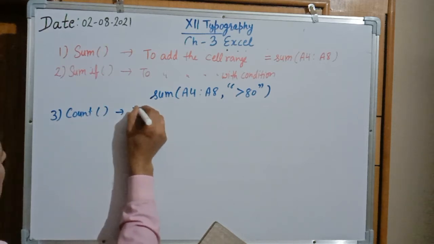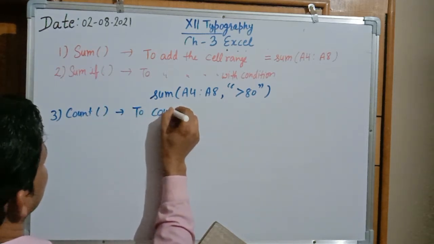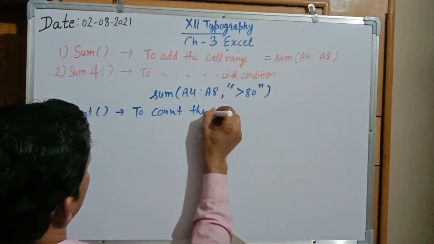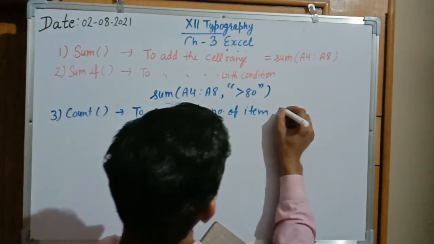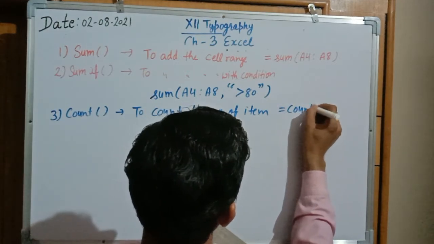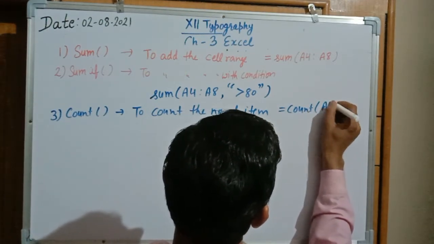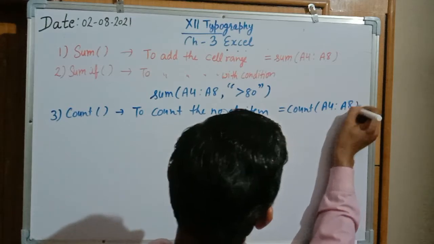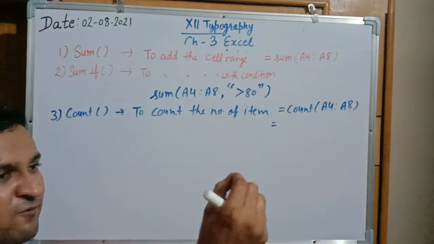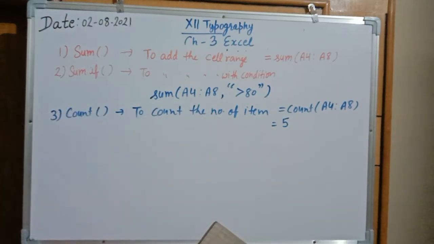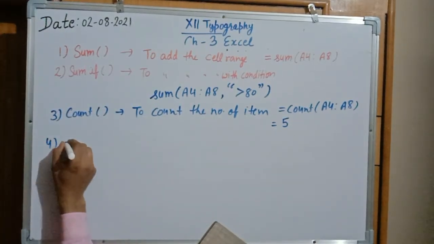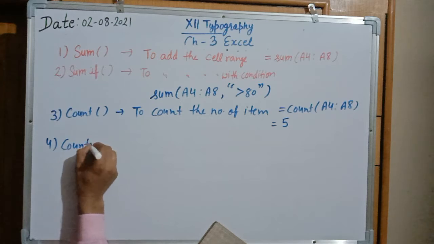Third, count. It is the same, used to count the number of items. Same example I am taking, equal to count A4 colon A8. So what will be the result? The result will be A4, A5, A6, A7, A8. It will give the result 5. Next is countif.